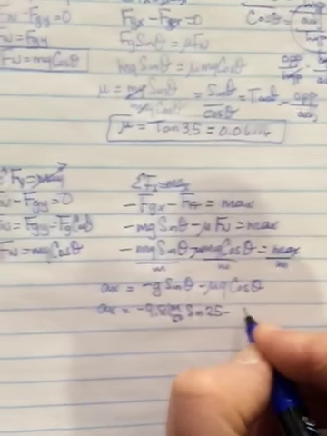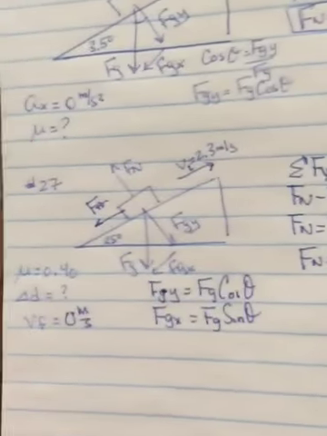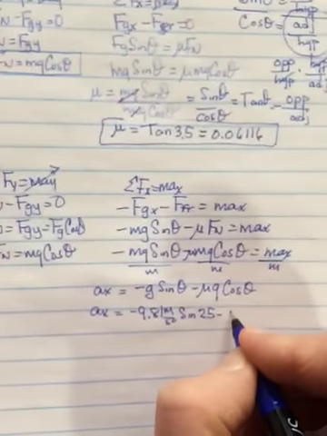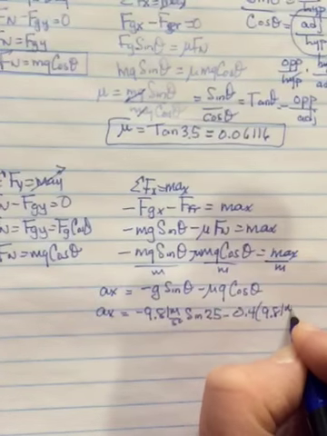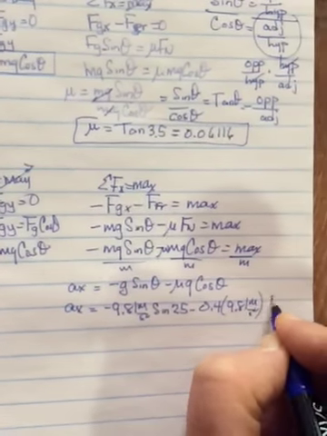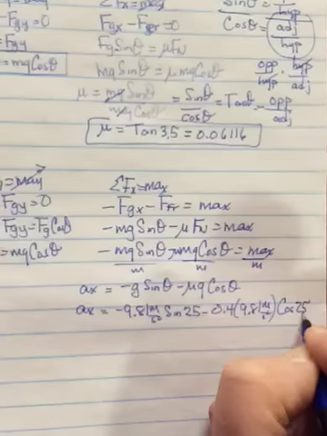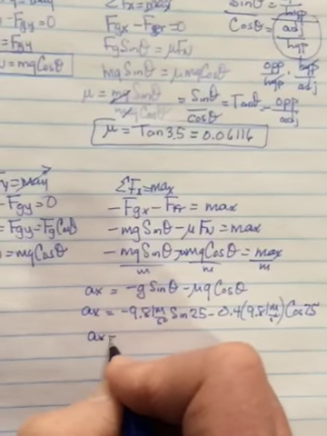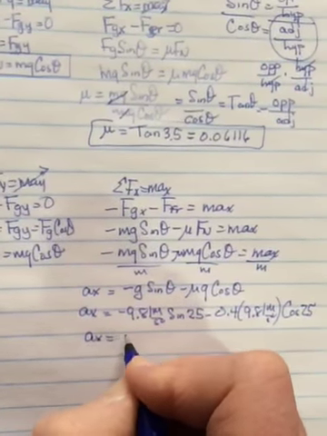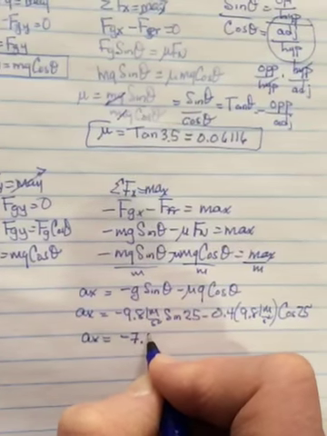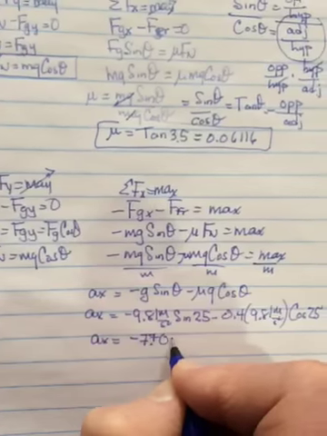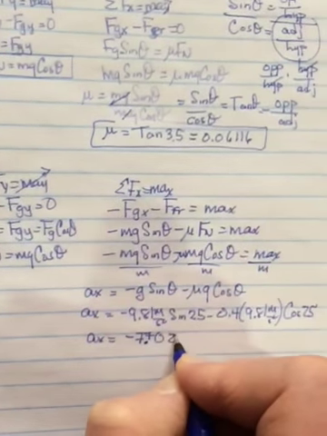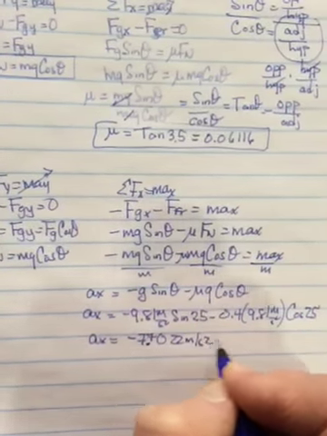Sine of 25 minus the coefficient, which was 0.4, times 9.81 meters per second squared times the cos of 25. When you punch all this in, you get negative 7.7022 meters per second squared.